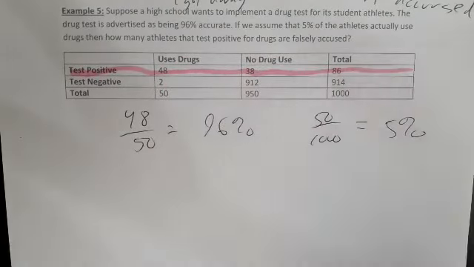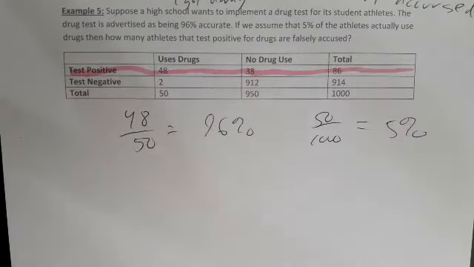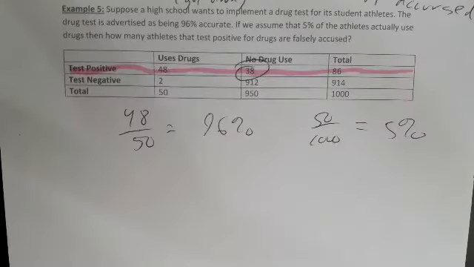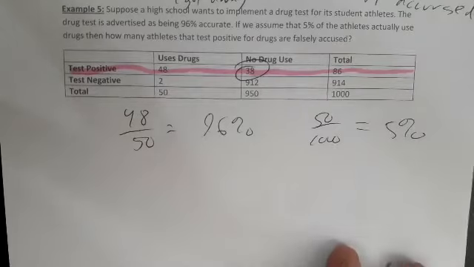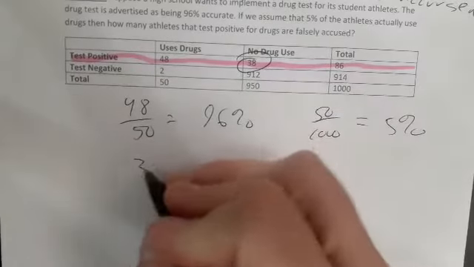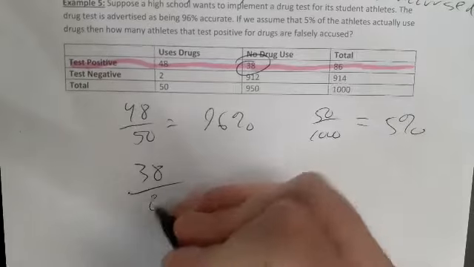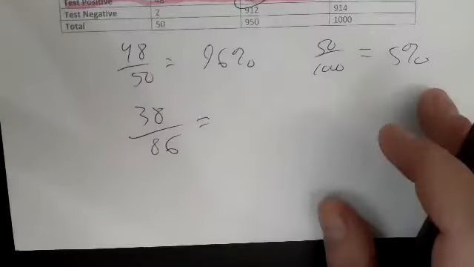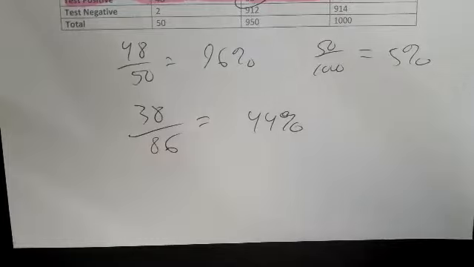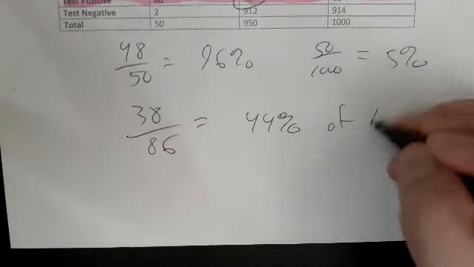Given that they test positive, what are the odds that they didn't do anything? So this is 38 out of 86, and 38 out of 86 means 44% of the positive results are false.